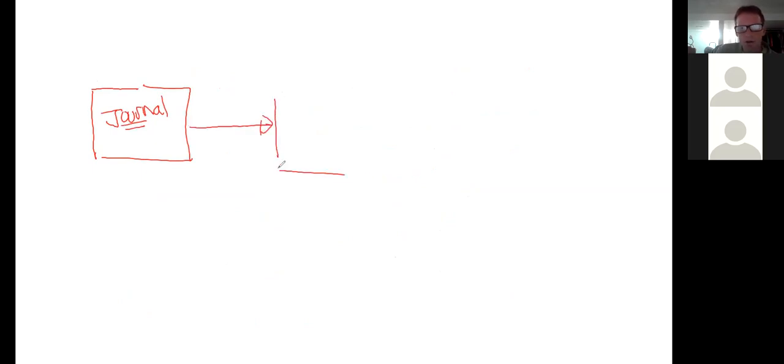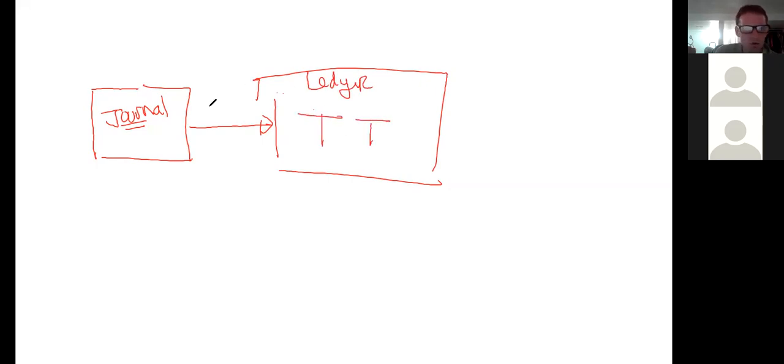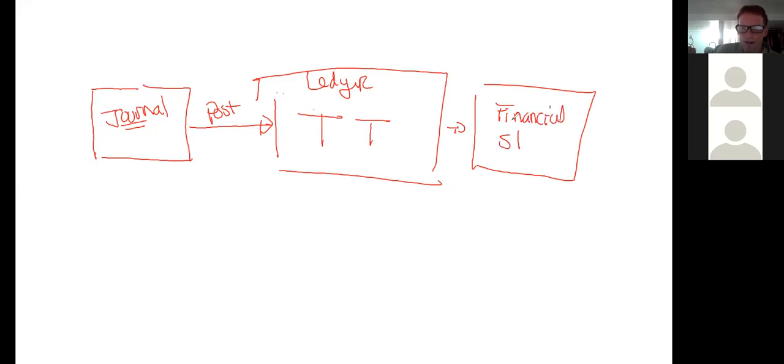And then of course, we know that we post to the ledger, using the T account idea. When we post all of our entries into our ledger, we update the ledger. And then the last step is to get to your financial statements. Again, I'm just keeping it as simple as I can.